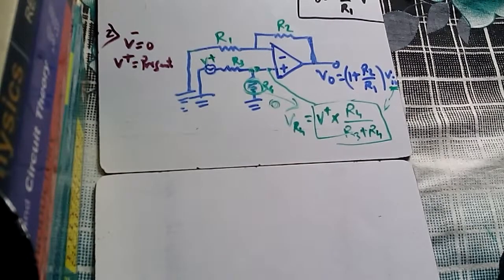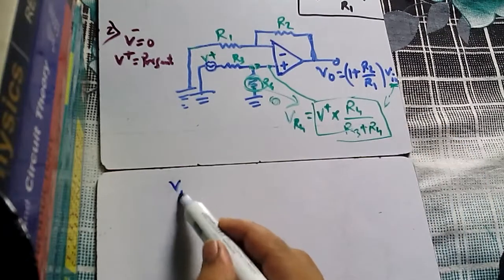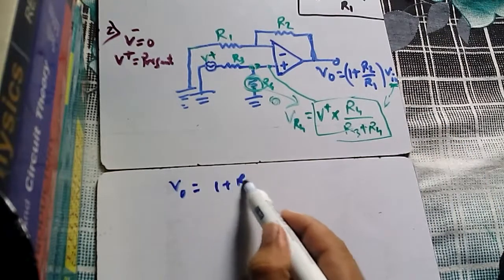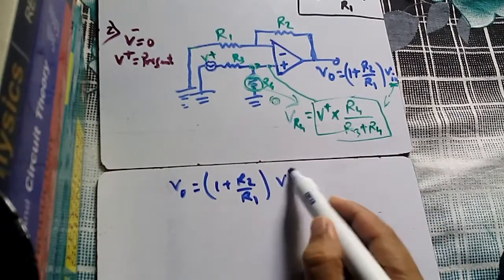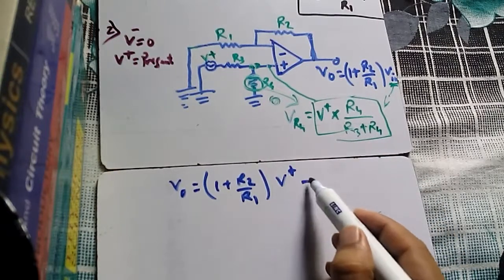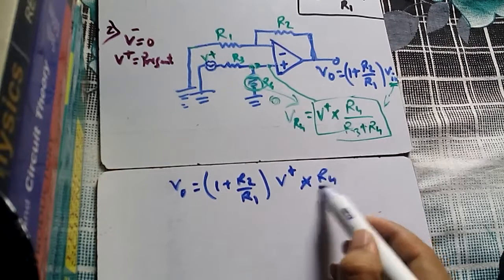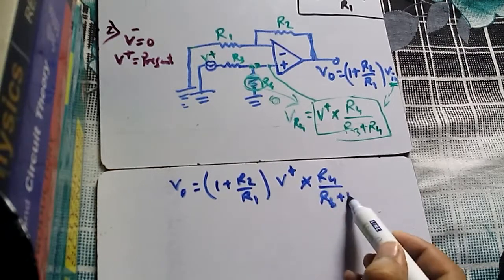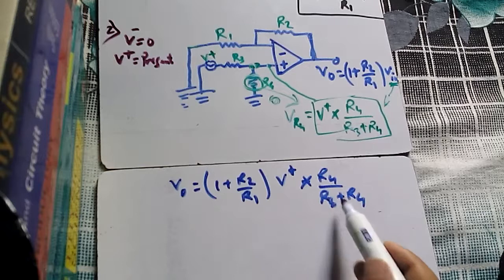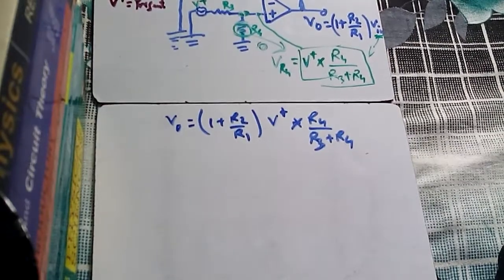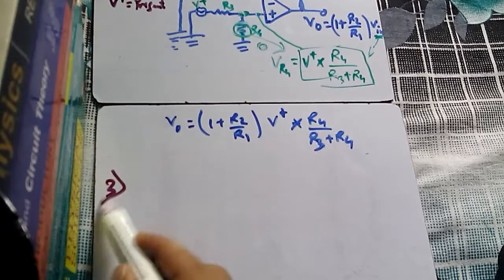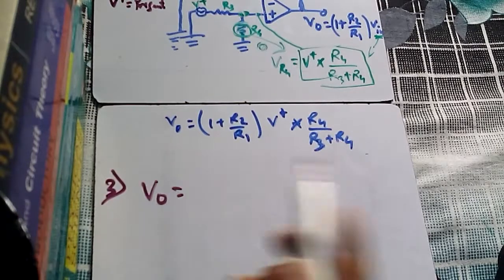So let's see, V output is now 1 plus R2 by R1 into V input, which is now V plus into R4 by R3 plus R4. Now we will see the third step, and the third step is we will add the voltages.